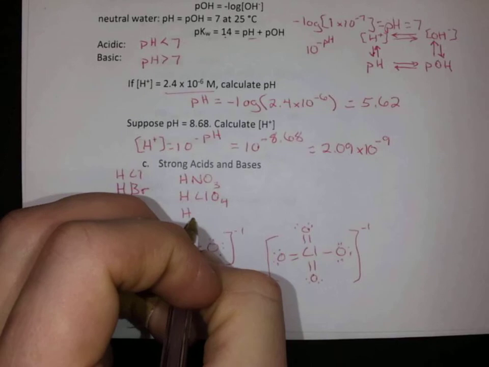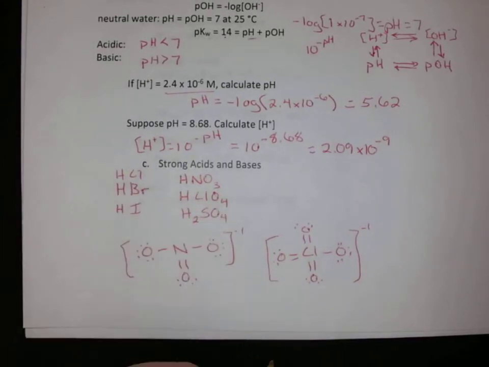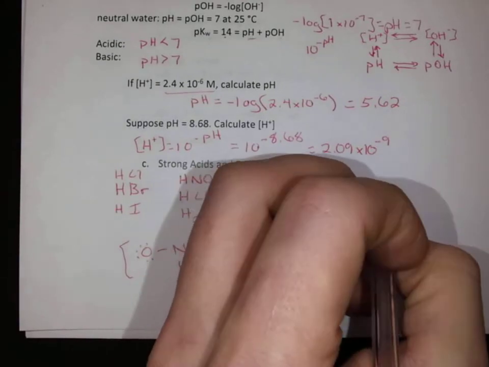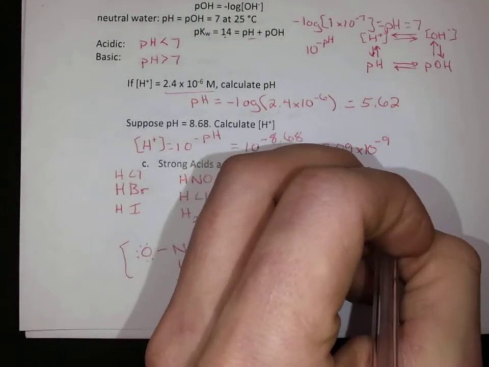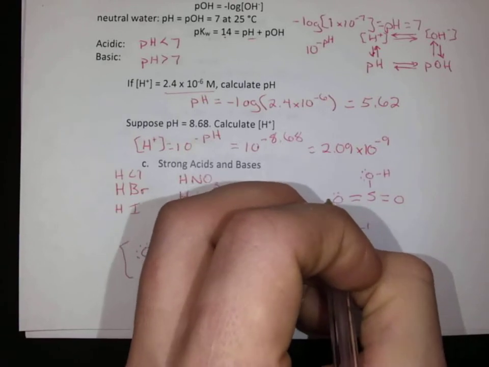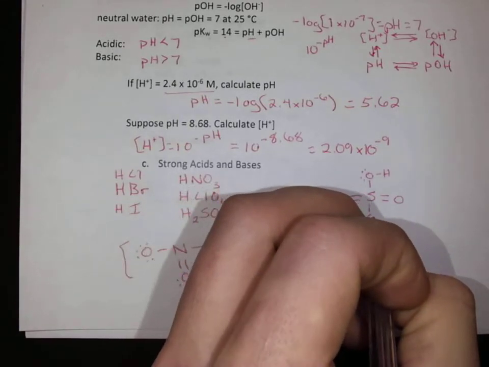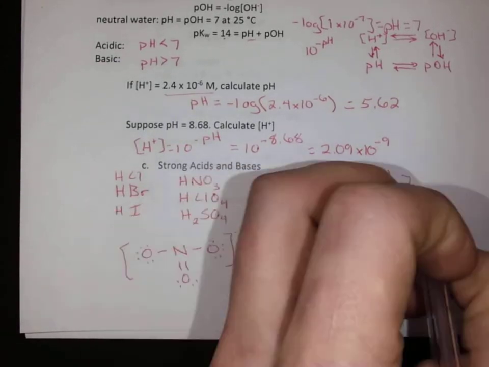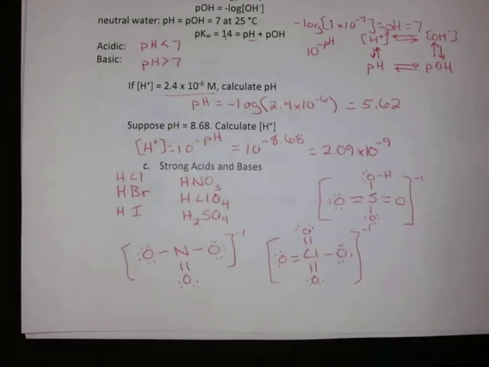Finally, we have H2SO4. H2SO4, same idea. It's going to lose one of those hydrogens. And again, we end up with lots of resonance structures, right? We're going to have 3 resonance structures there. So again, the resonance structures stabilize the conjugate base, which means that the acid is going to be really strong.